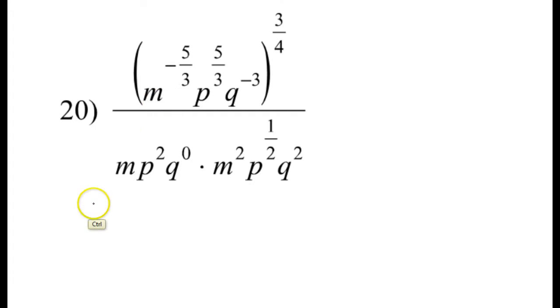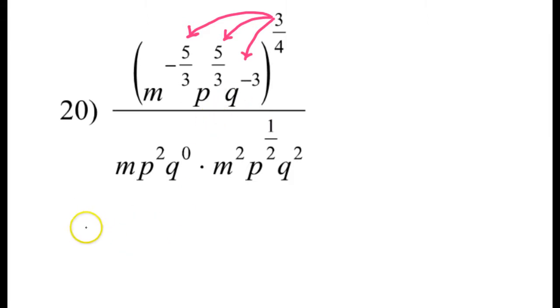So let's start with the numerator. I don't see any variables that are the same in the numerator, so I can get outside of the parentheses and get ready to apply this power to each of these things. Now remember, when you raise a power to a power, you multiply.